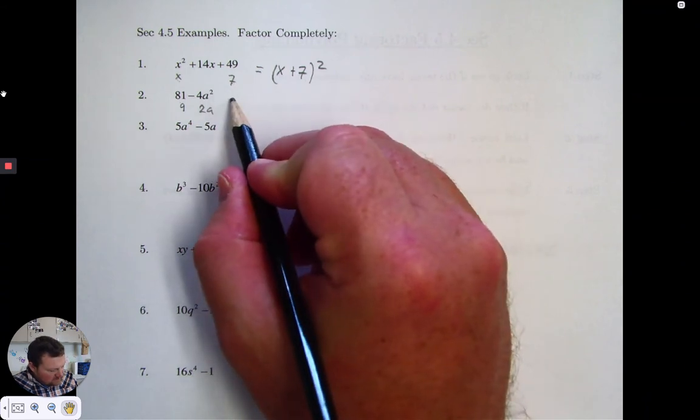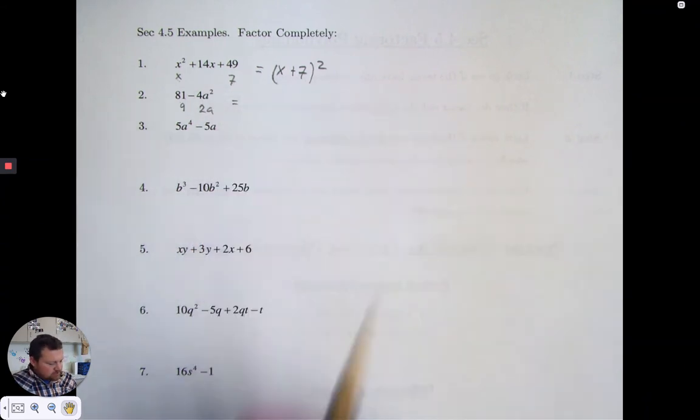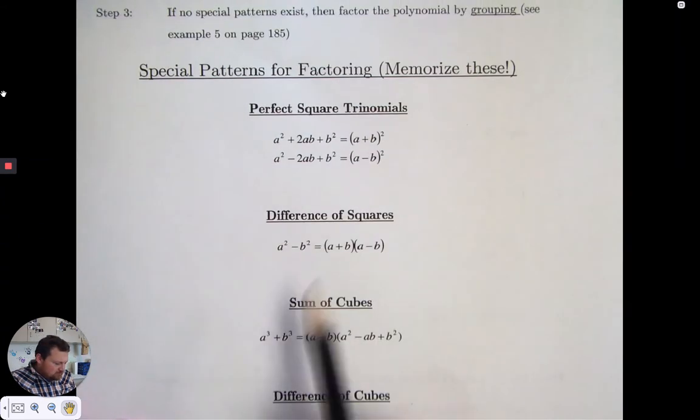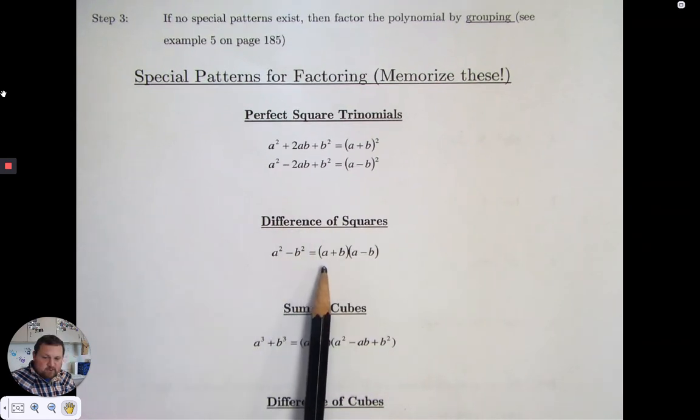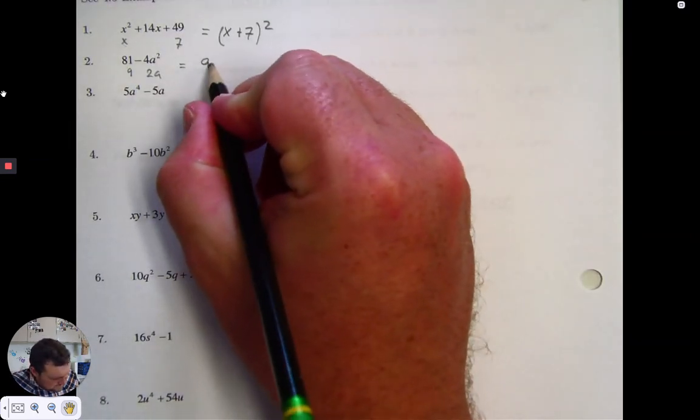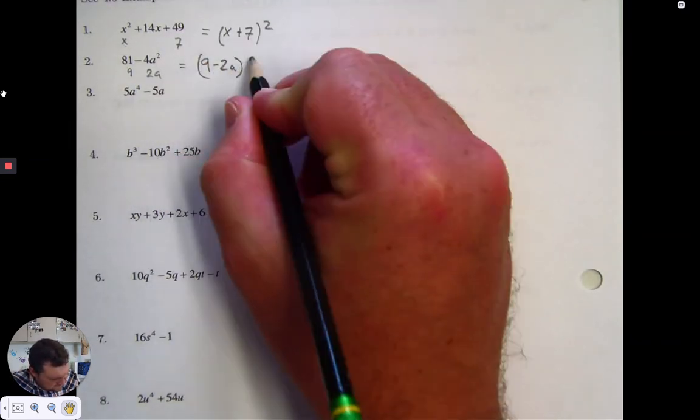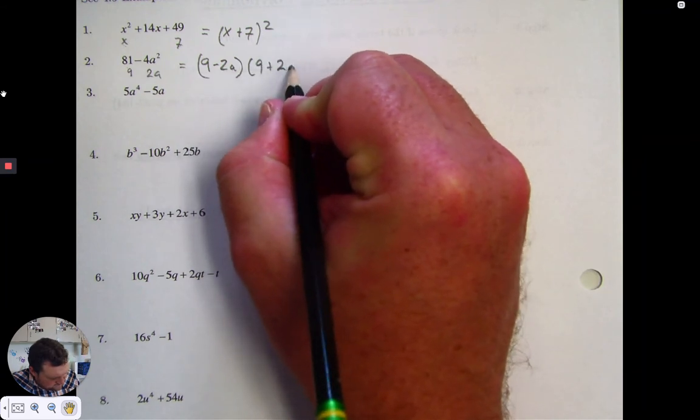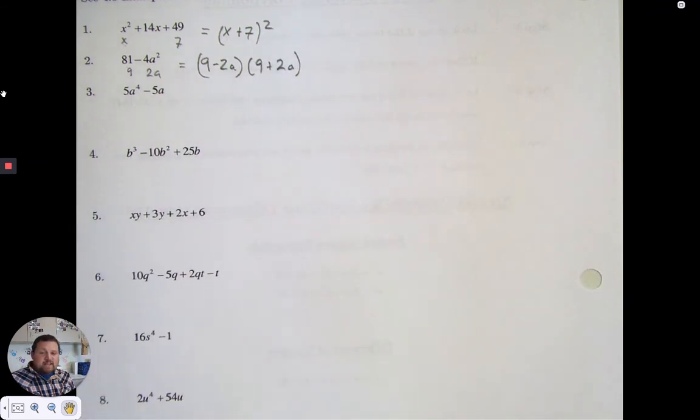If we flip back over and look, if you need to, our difference of squares is a plus b times a minus b. So this is going to be 9 minus 2a times 9 plus 2a. Remember, you can switch the order of those. You could have 9 plus 2a times 9 minus 2a. Because of the commutative property of multiplication, we know that those are both equal to each other.